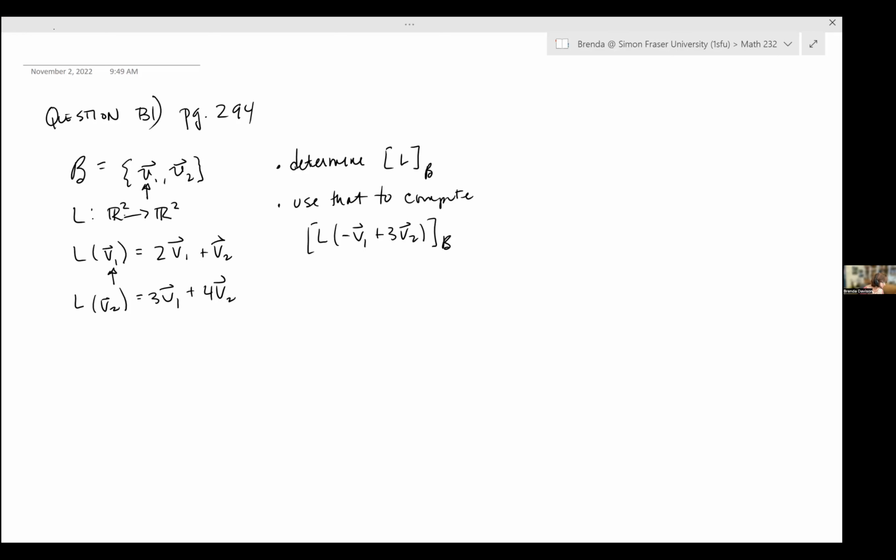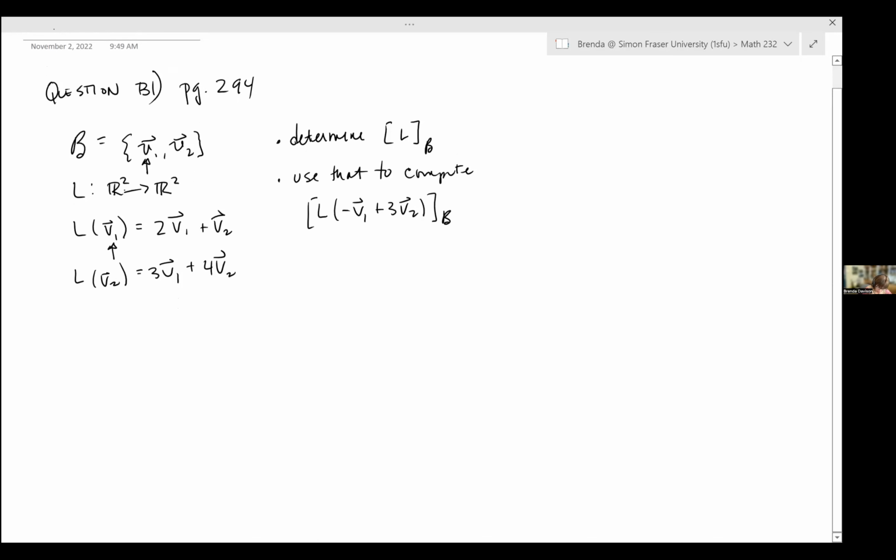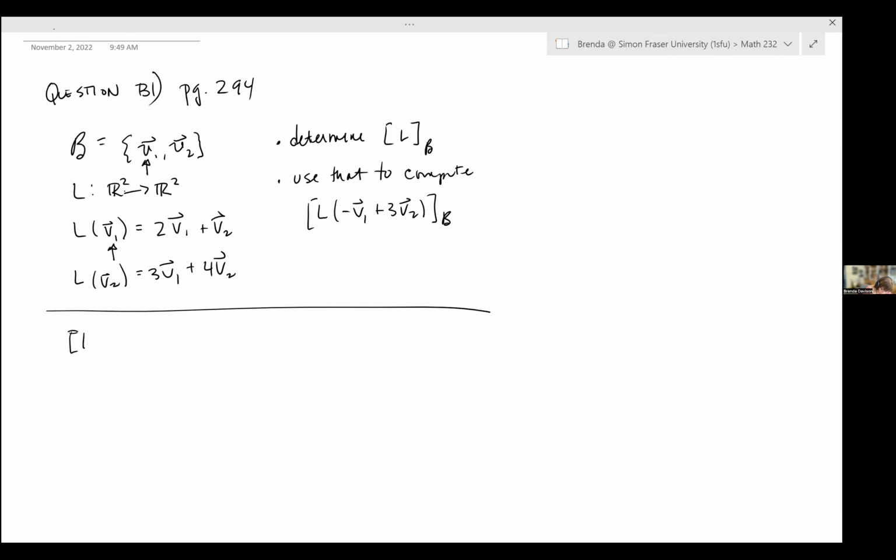The first thing I'll say is let's think about what we were doing before we introduced this idea of a different basis, back when we just had the standard basis. The matrix of a linear transformation, which we didn't subscript at all, but now I'm going to subscript it. Let S be the standard basis.